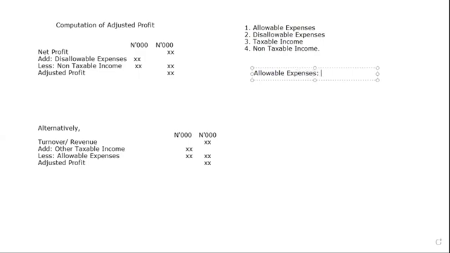The first thing allowable expenses must pass is what we call the principle of WREN: only reasonable, exclusive, and necessary. That means allowable expenses are those expenses that are only reasonably, exclusively, and necessarily for the business.